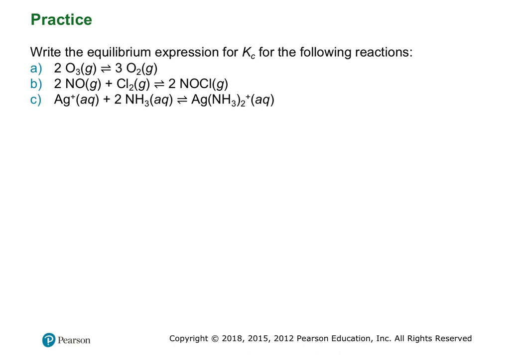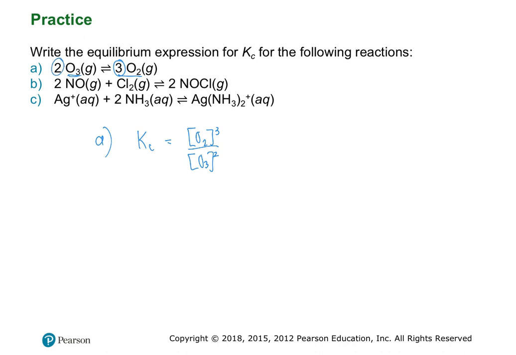So for A, I have ozone turning into oxygen, so Kc is going to be products over reactants. So I have O2 to the third divided by O3 to the second. O2 is my product, and we'll raise it to the third because of the 3. Ozone O3 is the reactant, and we'll raise it to the 2.